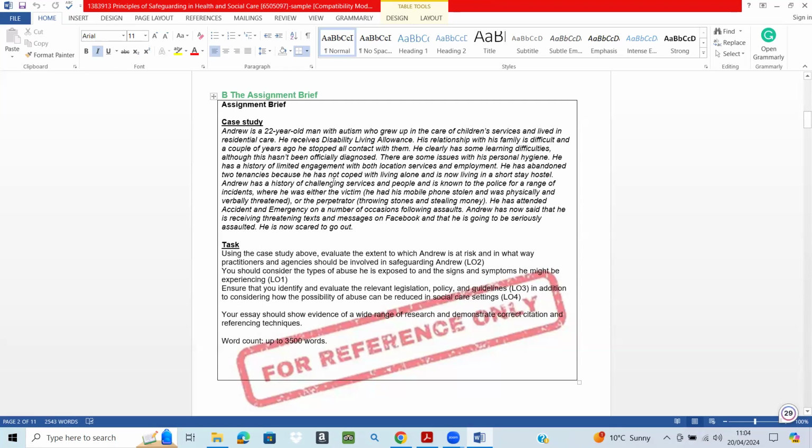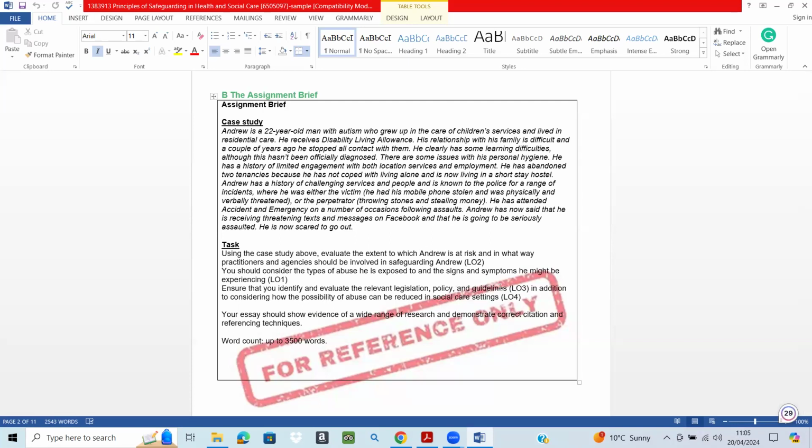He is known to the police for a range of incidents. So he was either the victim, he has his mobile phone stolen. So we need to look for each and everything in that and ensure that you identify and evaluate the relevant legislation, policy, and guidelines. Okay, so we need to mention the relevant legislation, policies, and guidelines.